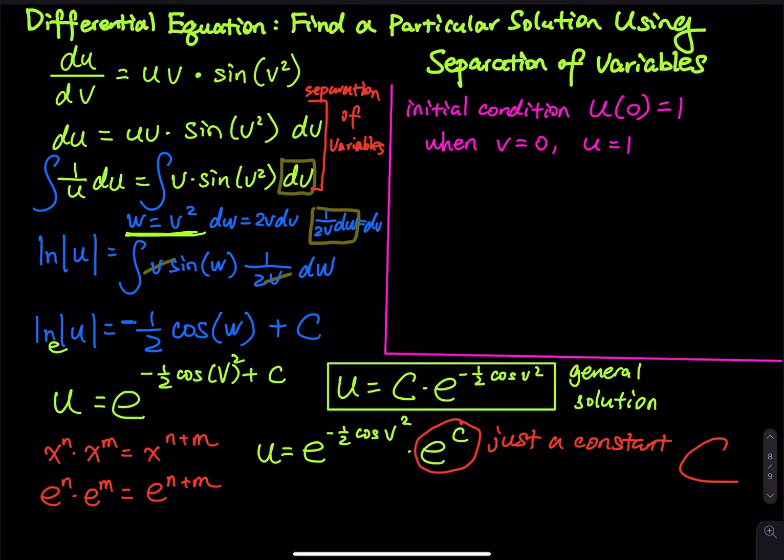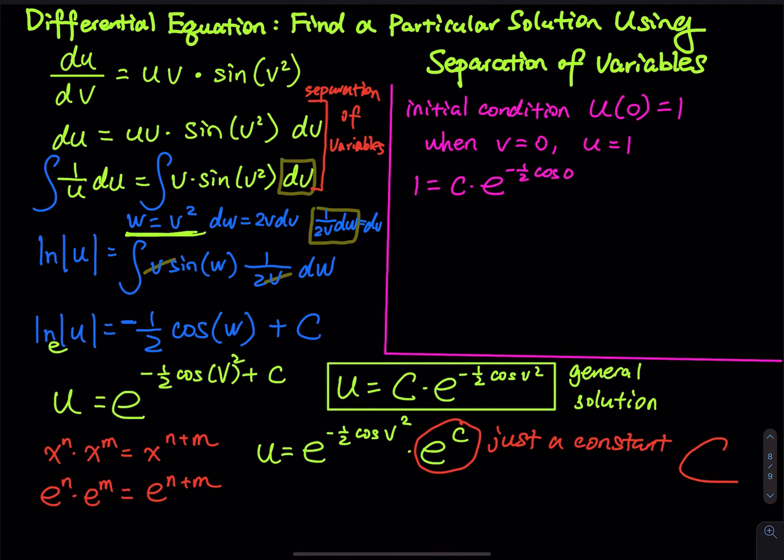Where u of 0 equals 1. Usually the book writes the initial condition or initial value like that: u of 0 equals 1. That means when v equals 0, u equals 1. You plug in v, plug in u, and then you solve for C. So u equals 1, and then C times e to the negative 1/2 cosine 0 power.